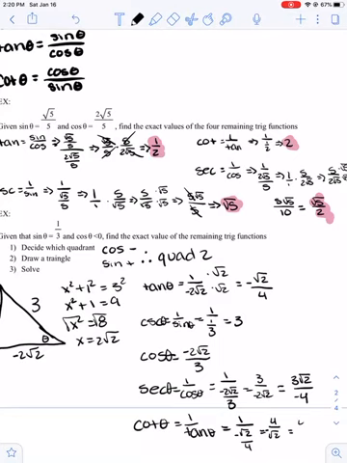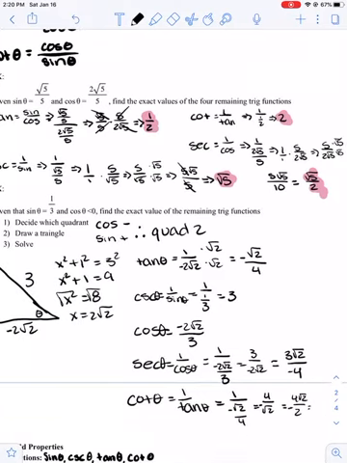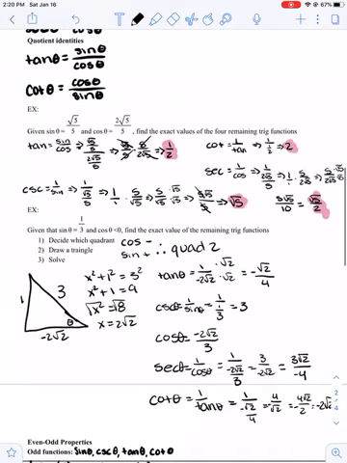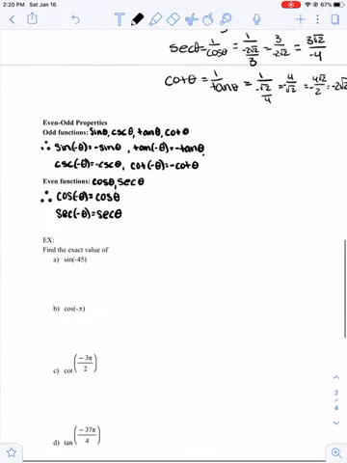So we would get 4 square root 2 over 2 negative, which equals negative 2 square root 2. So those are our values for the remaining trig functions.